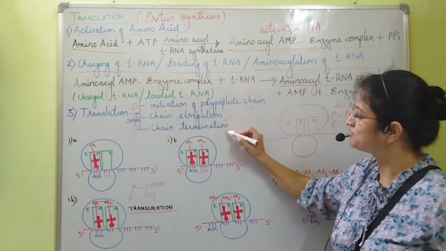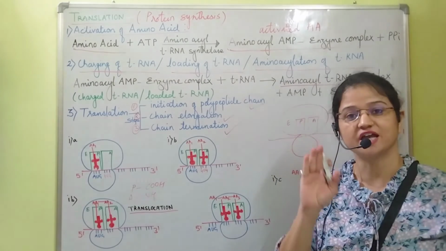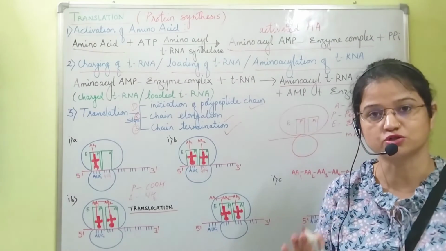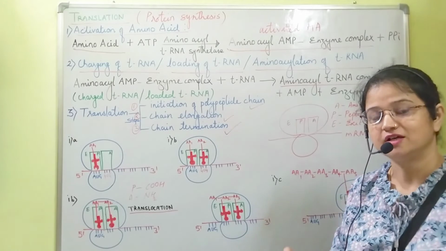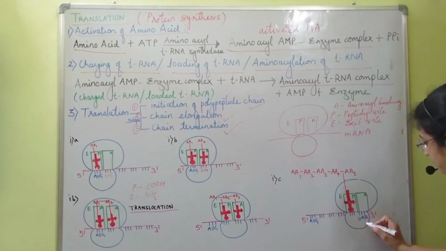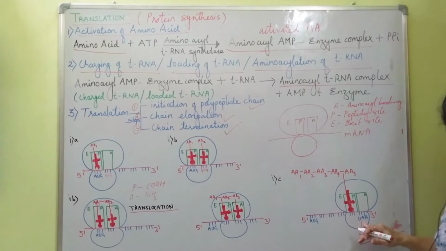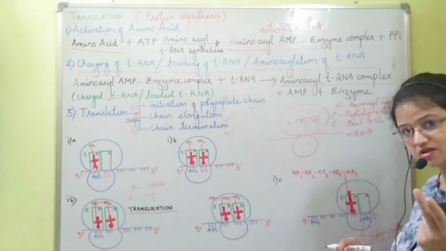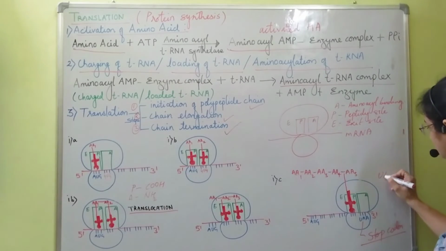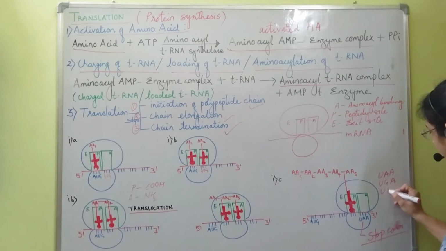And the third step is chain termination. The chain will terminate. The process will stop only when the codon will be the stop codon, when the messenger RNA will bring the stop codon. We have studied that there are 3 stop codons, that is UAA, UGA, UAG.